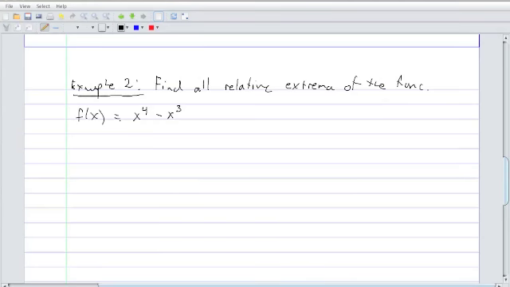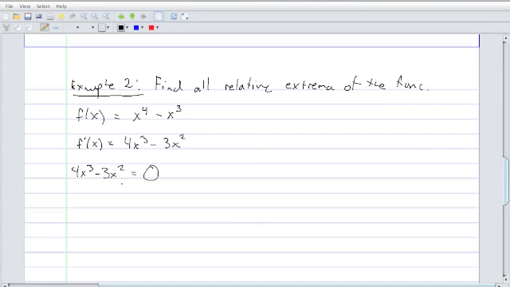So again, if we're going to talk about extrema, we need to look at f prime of x. So our f prime is going to be 4x cubed minus 3x squared. If we set this to 0 and solve, we get 4x cubed minus 3x squared, set it to 0. Again, it's not going to be undefined. There's not going to be an x that makes this undefined.